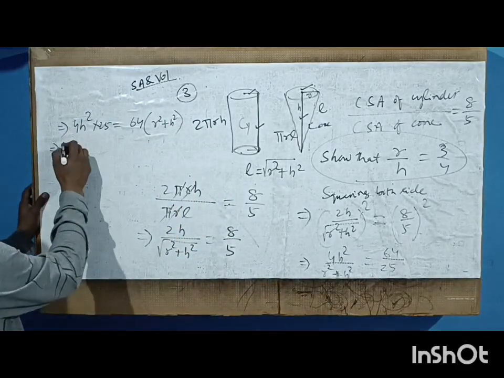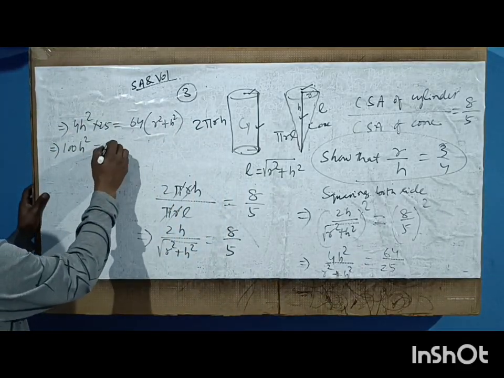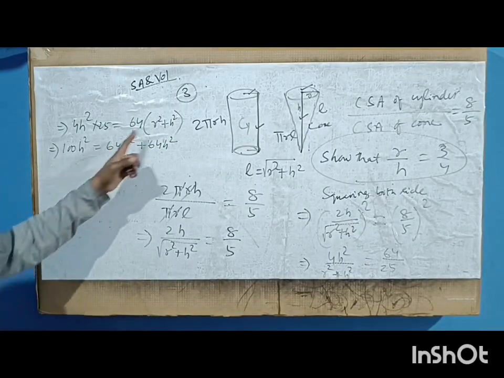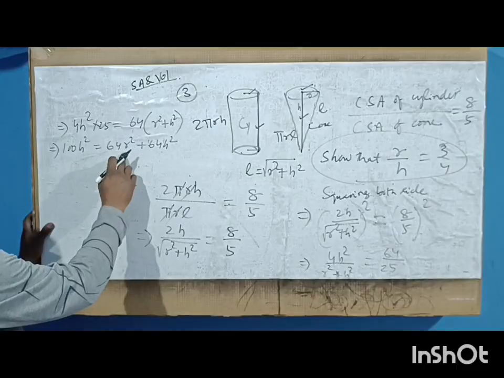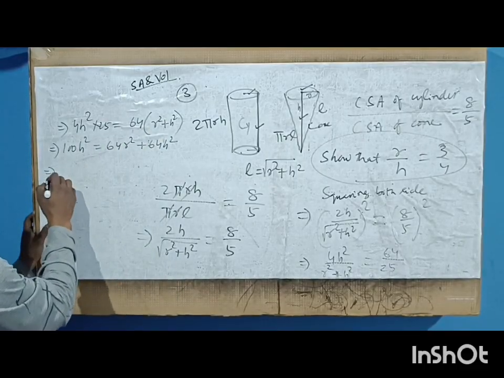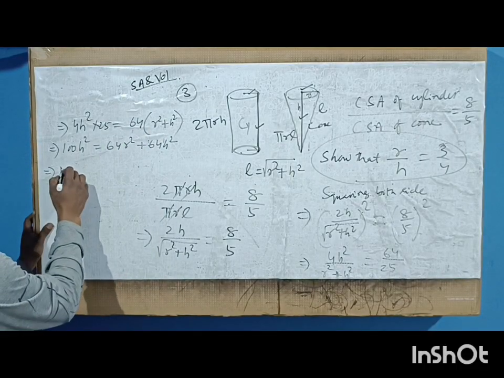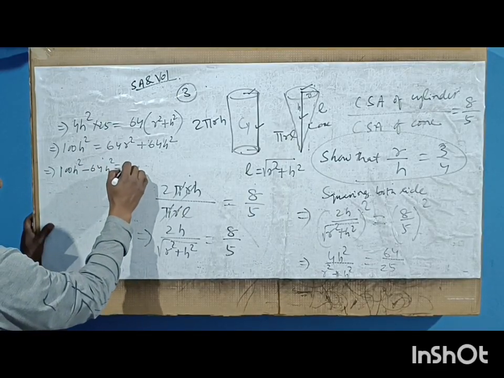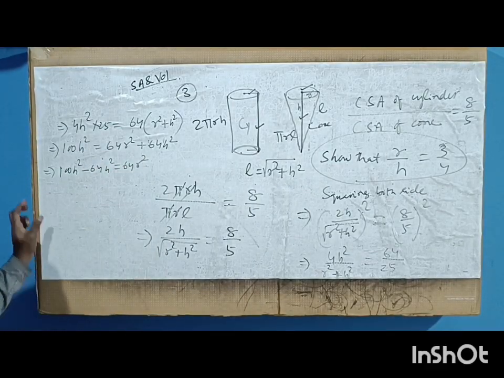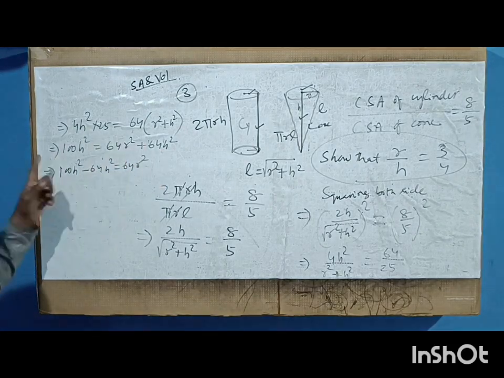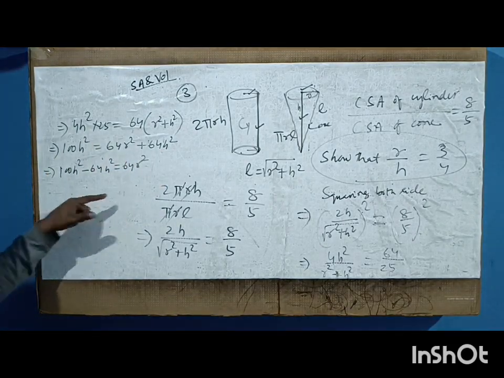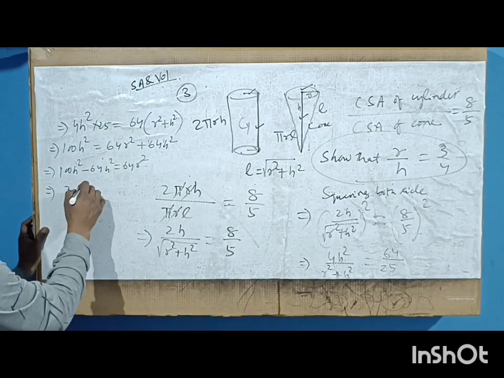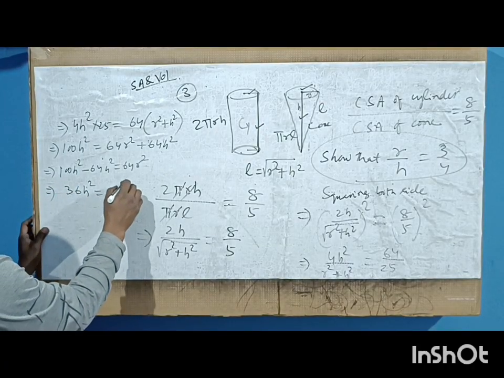This one, 100H square equal to 64 R square plus 64 H square. 64 into R square, 64 R square, 64 into H square, 64 H square. So 100H square minus 64 H square will be 64 R square. I am taking this 64 H square to this side by changing its sign. Now I will get 36 H square equal to 64 R square.